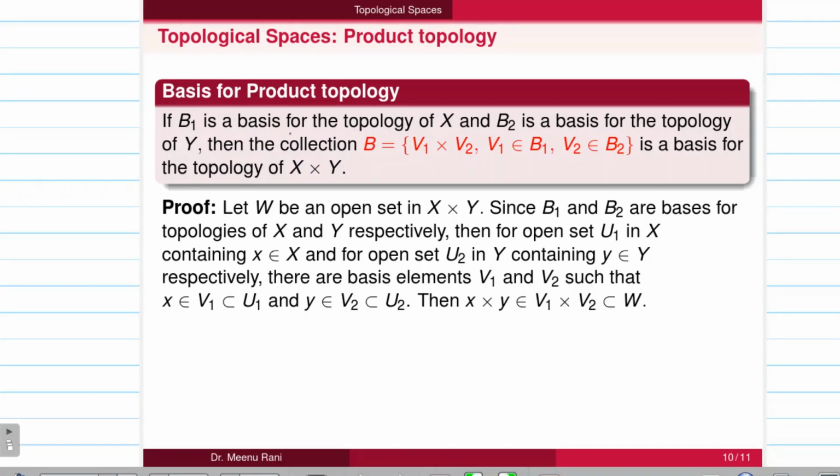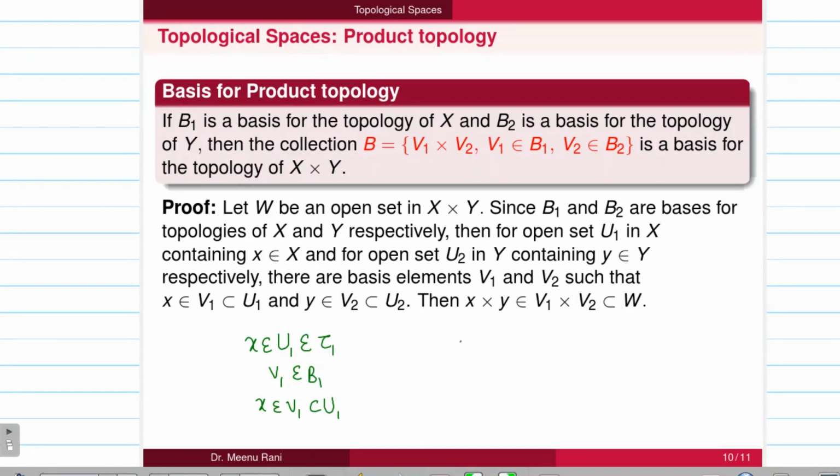Since B1 is a basis for the topology of X, then for any open set U1 of X, U1 belongs to tau1, which is containing the element x of the set X. Then from the second definition of the base, there is a basis element V1, a member of B1, such that x belongs to V1, which is further containing U1.